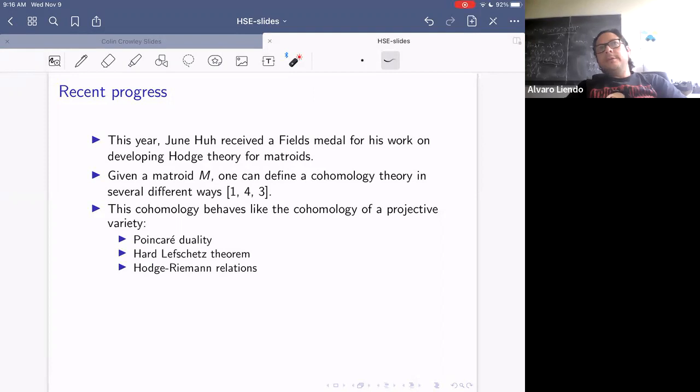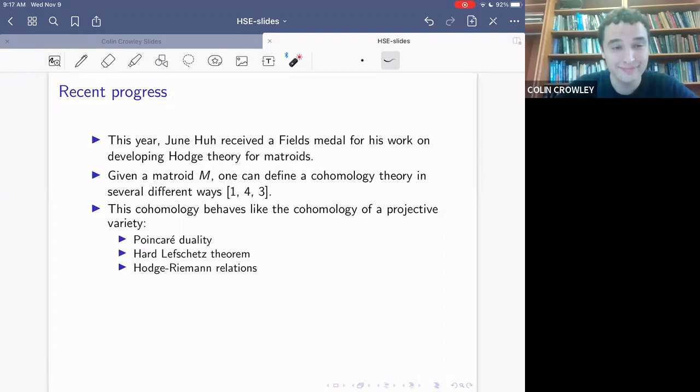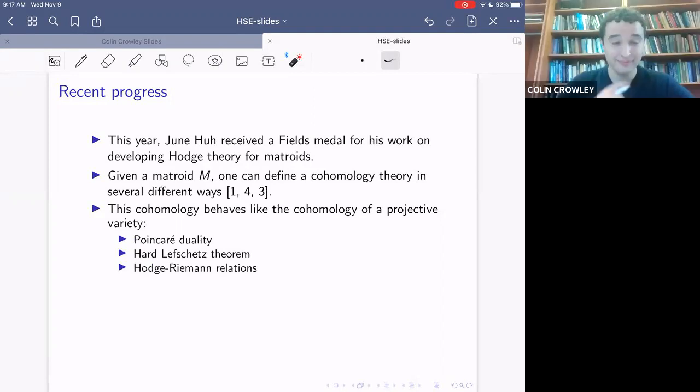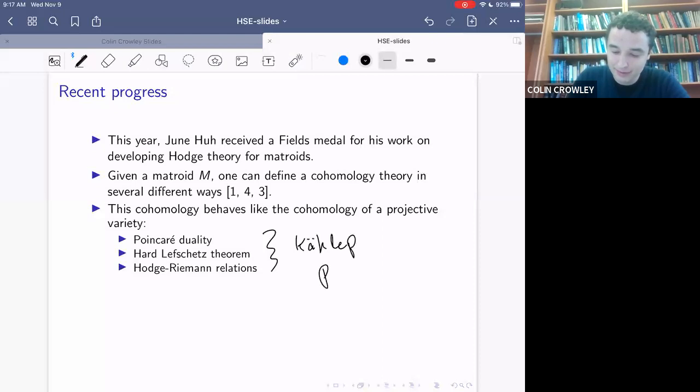They're different cohomologies, but they all satisfy these. These 3 are often called the Kähler package together. Even if this was true once, that would be impressive, but the fact that it's true for 3 different cohomology theories is very, very shocking, I think.